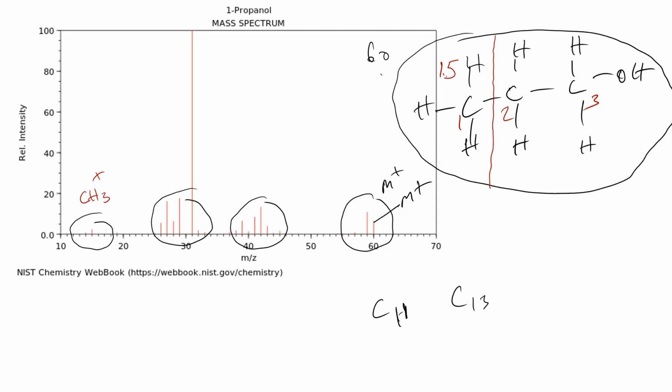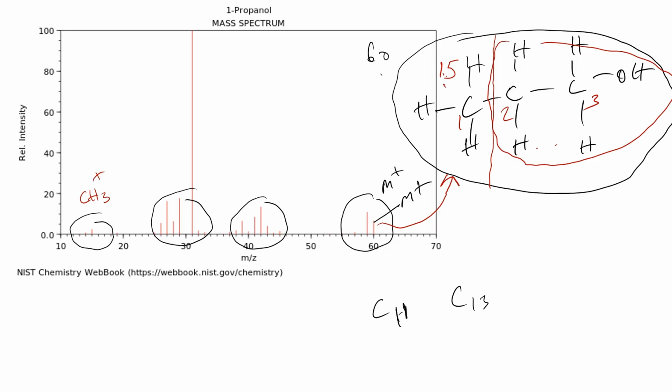So let's put this in. This one is the molecular ion M plus, which is basically this whole structure. Then the remaining fragment will be, if you subtract 60 minus 15, that gives us the value for this.